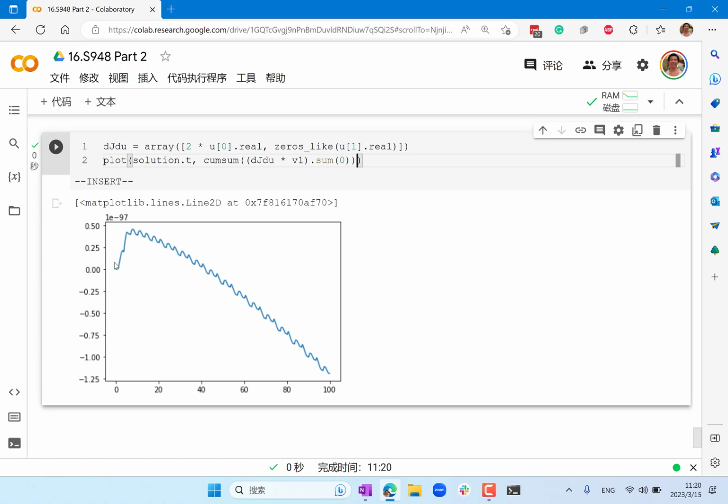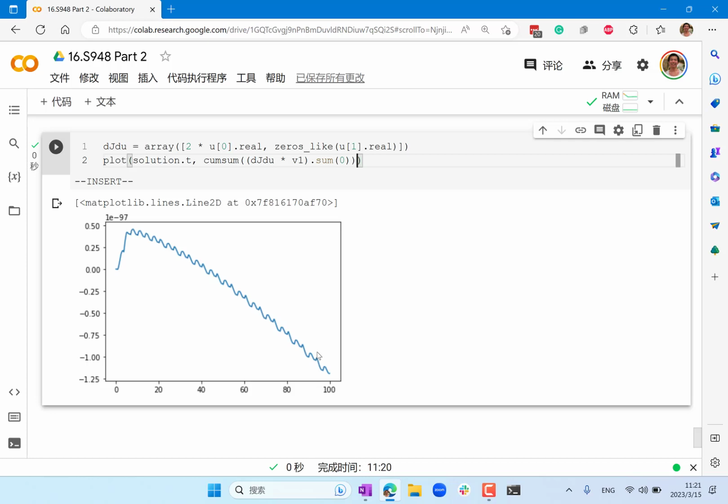If this lies on a linear slope, then that linear slope is the time average we are looking for, because we always need to ignore the first part where the trajectory itself has not reached the limit cycle yet. And again, we see that there is a slope, but the slope is not exactly linear.